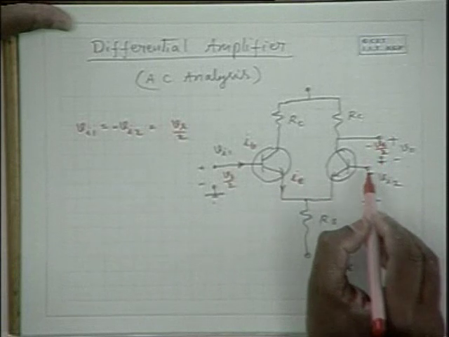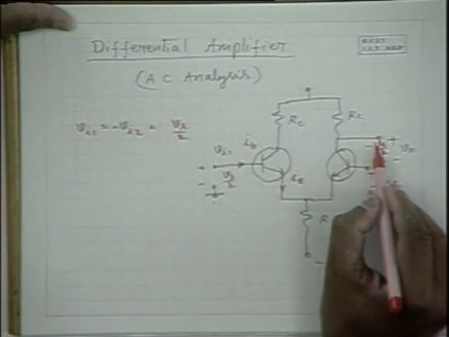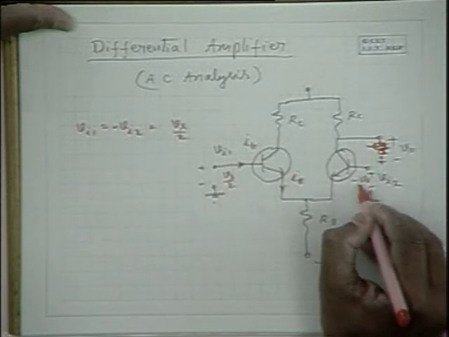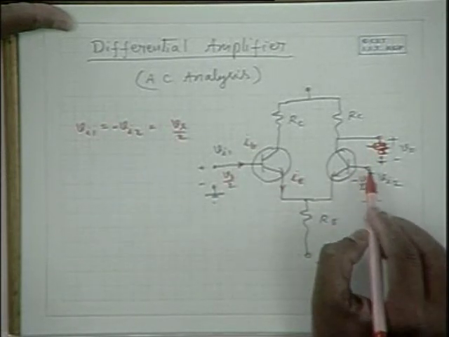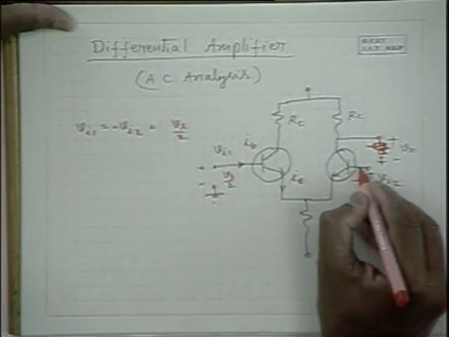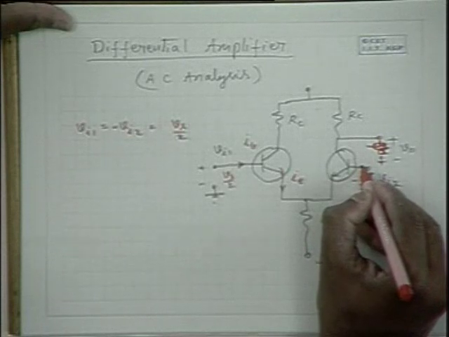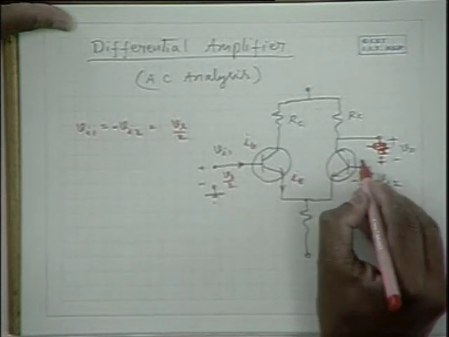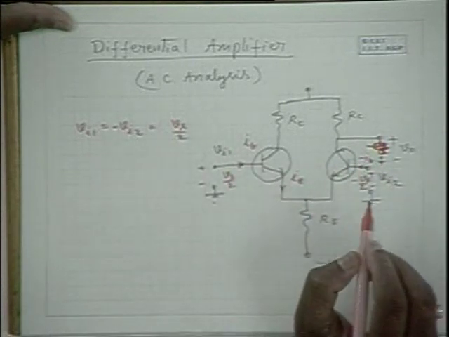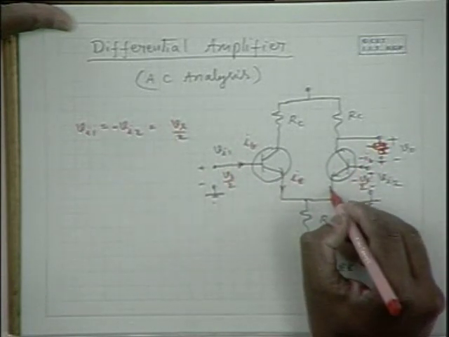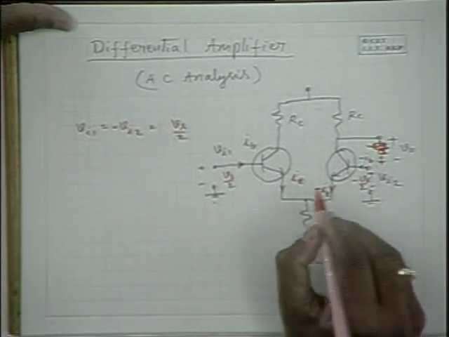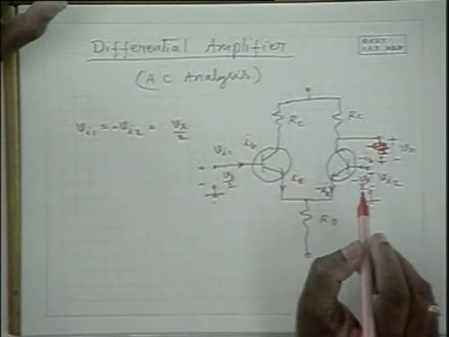And since the voltage here is minus Vs by 2, and it is equivalent to this but in opposite phase, the alternating current that appears here is minus IB, and so this alternating emitter current is minus IE, assuming that both the transistors are identical.